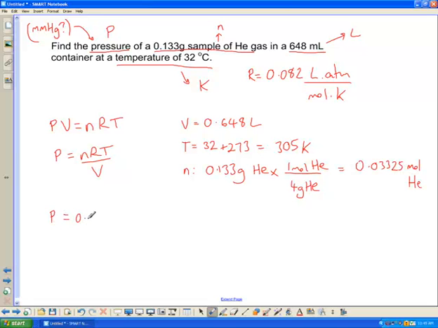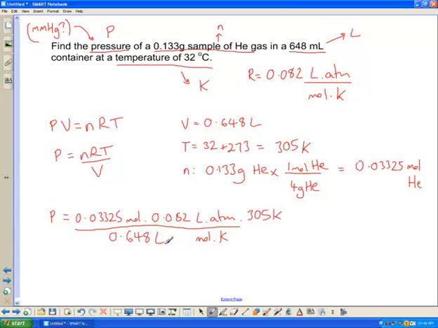Then all we have to do is plug everything in. Our n is 0.03325 moles. Alright, our R is 0.082 liter atmospheres per mole per Kelvin. Notice I'm putting the mole per Kelvin on the bottom. I'm doing that just so we can make sure we can cancel out all our units. Our temperature is 305 Kelvin. And our volume is 0.648 liters.